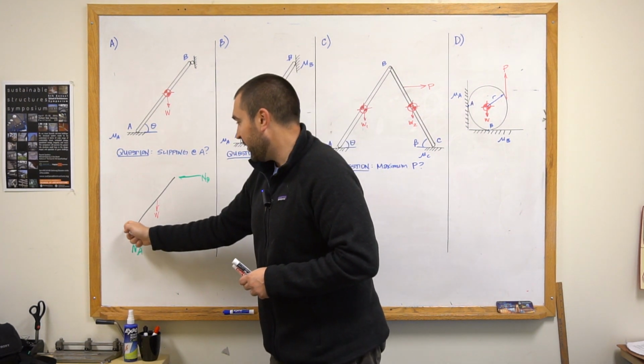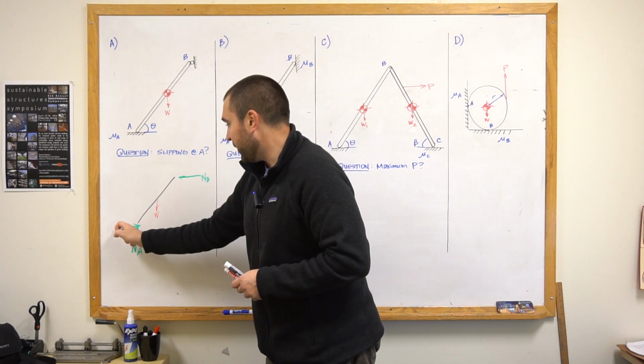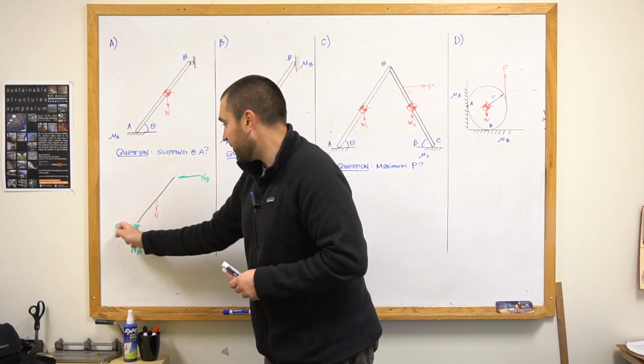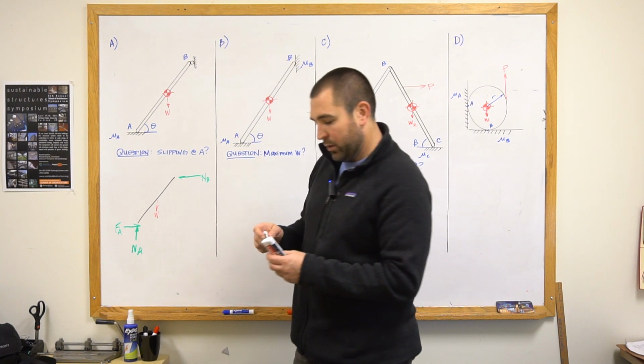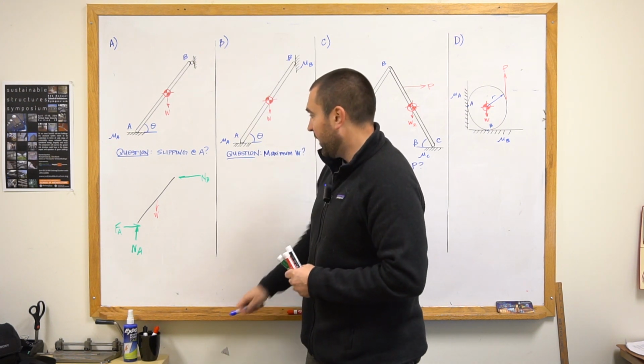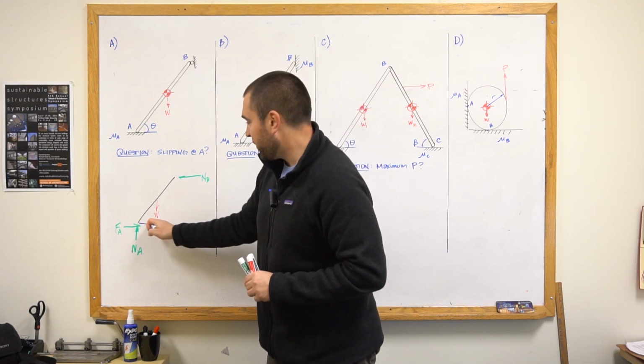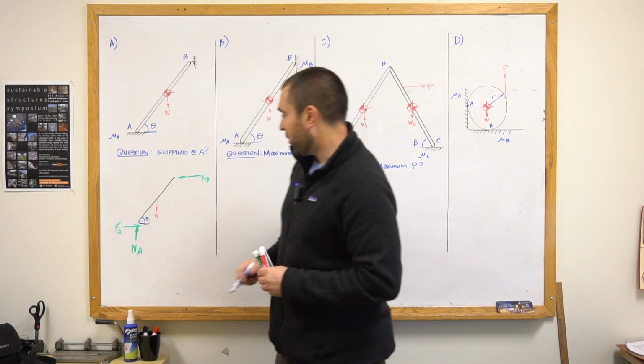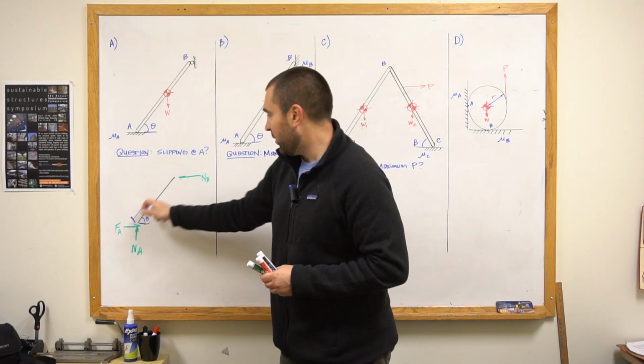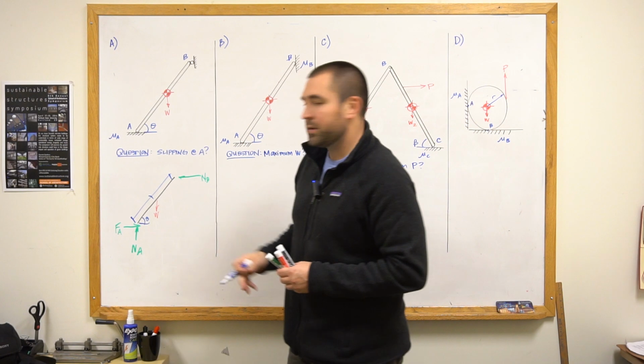And then the other bit of information that we need is the friction force at A, what is that horizontal reaction? And again, we would know all of the geometry. It's given in this problem.